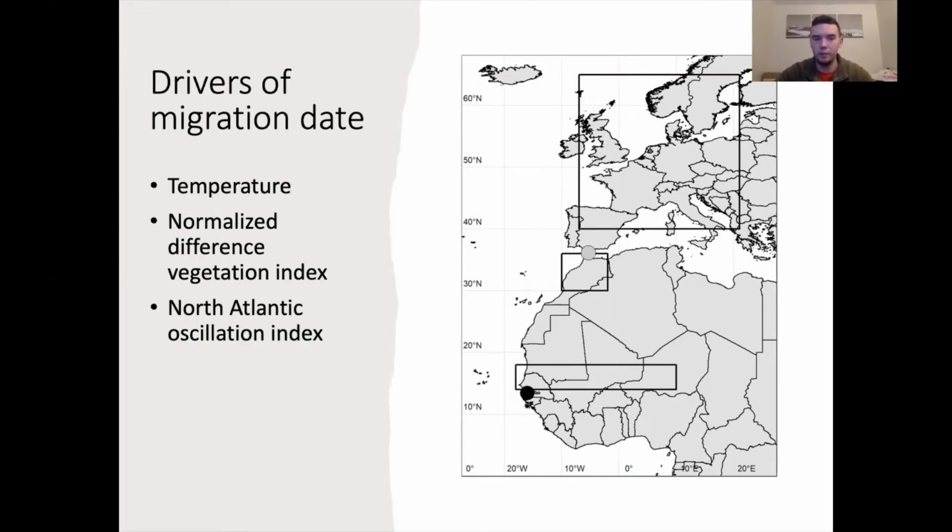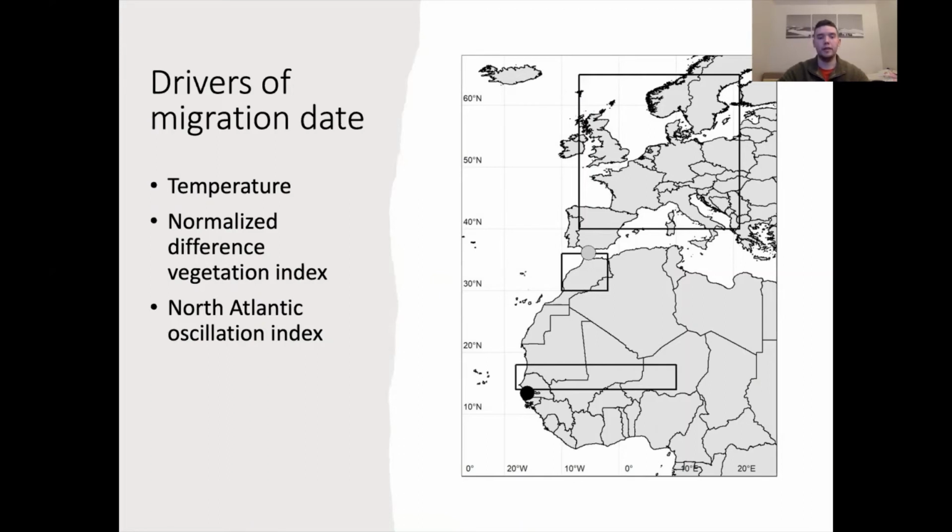And we considered variables such as temperature, where the species were using the ambient temperature to judge when to leave, or the normalized difference vegetation index, which is essentially just a measure of how much greenery is in the area, and this might tell us something about how much food in the form of berries and fruits or insects there are.